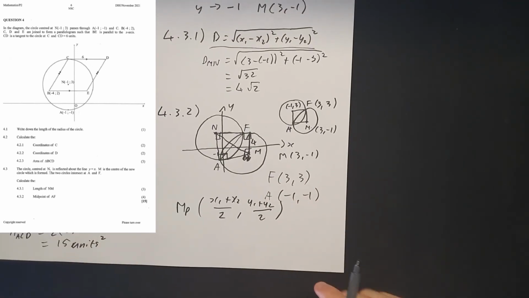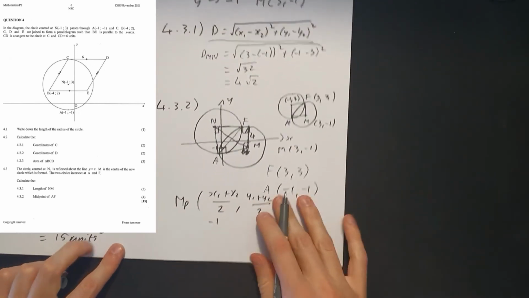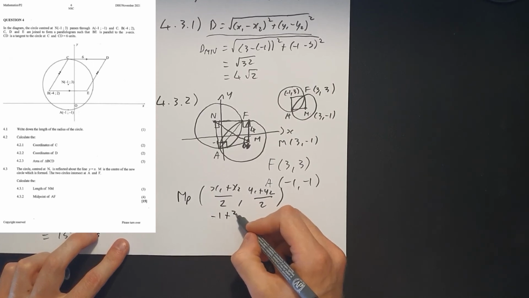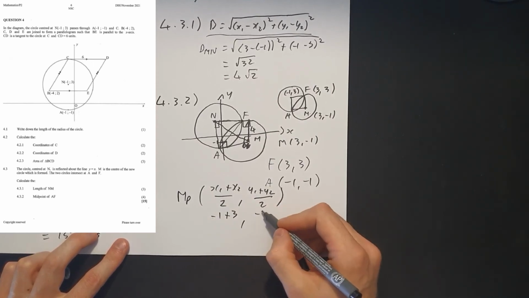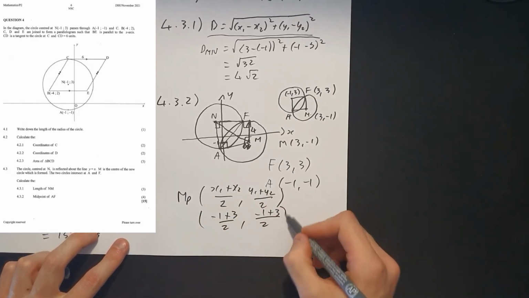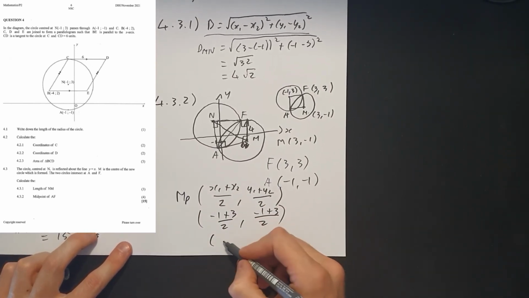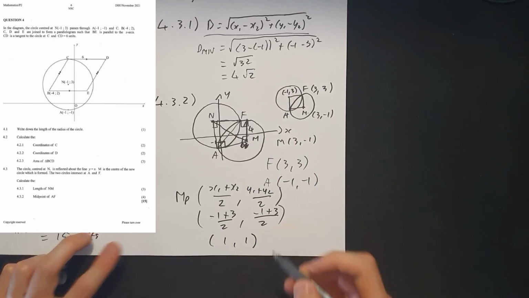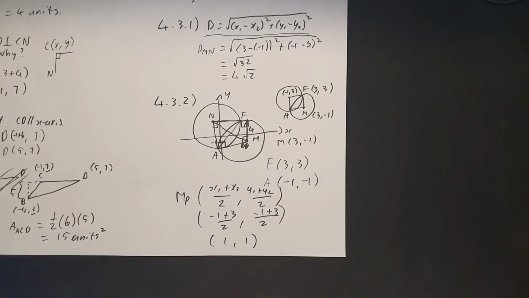If we plug in those values, we're going to have -1 plus 3, and we'll have -1 plus 3. Both of them are divided by 2, which means our midpoint is going to be at the coordinate 1 and 1. And that's how we go about doing this question.